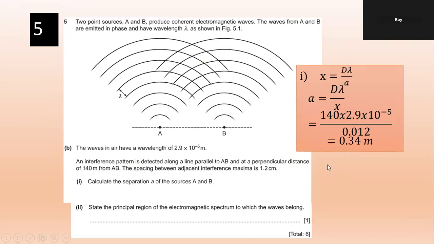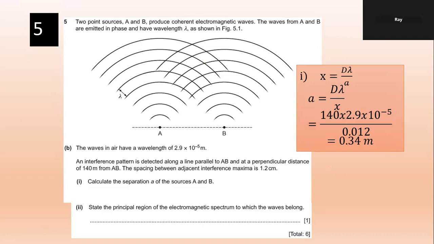State the principal region of electromagnetic spectrum to which the wave belongs. That's your wavelength. So what region of spectrum? Say the principal region.